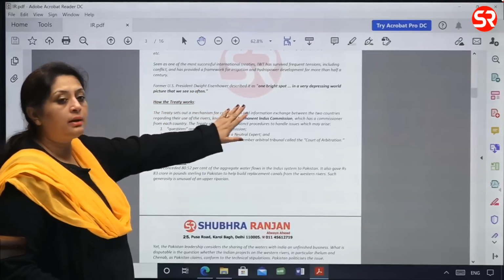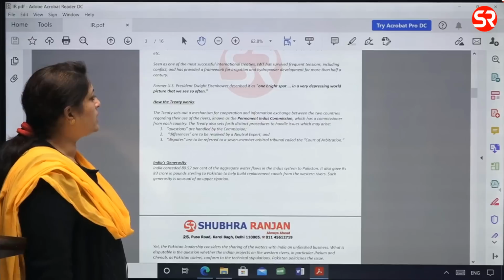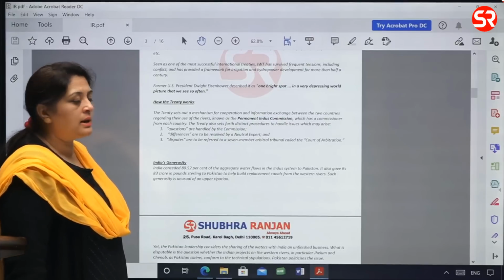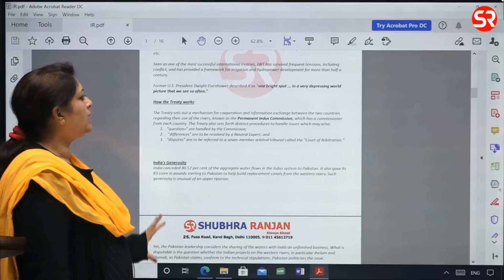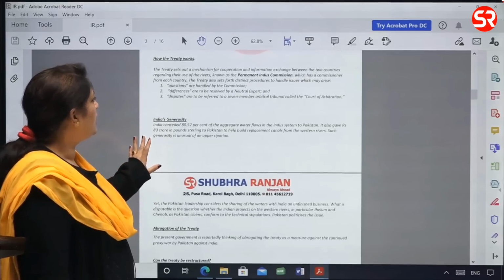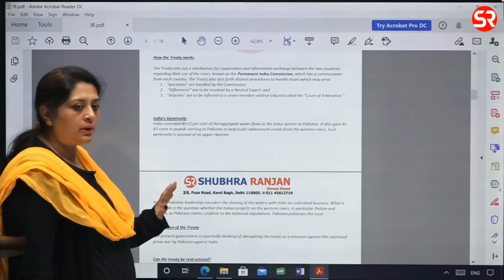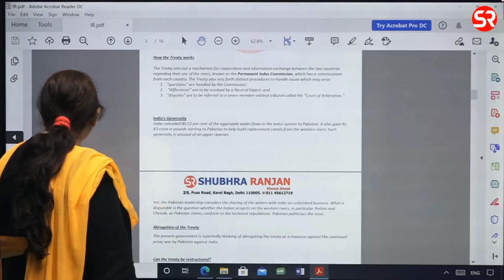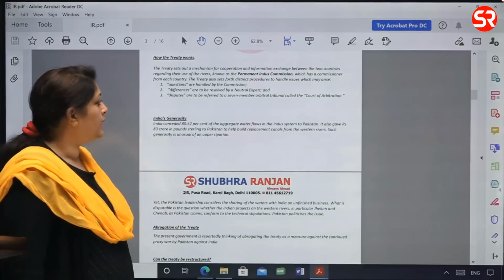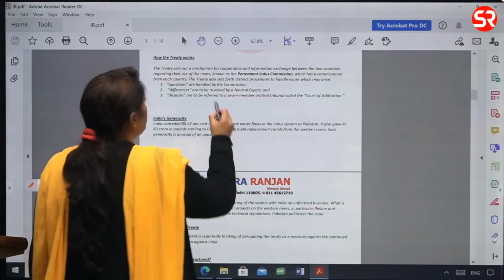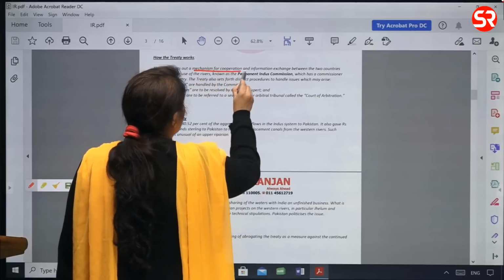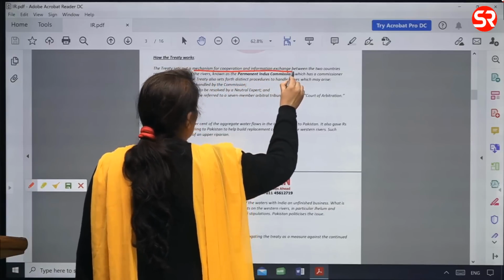Former US President Eisenhower even held that it is one bright spot in a very depressing world. How the treaty works: if any dispute arises, there is a mechanism for cooperation and information exchange.